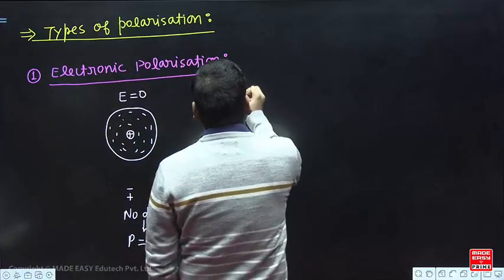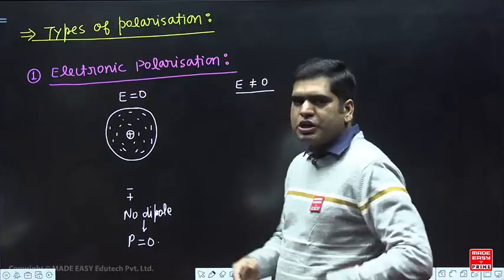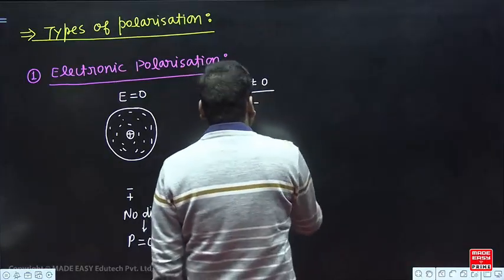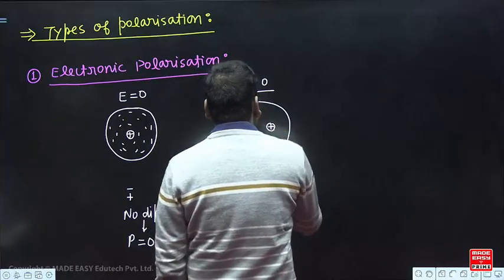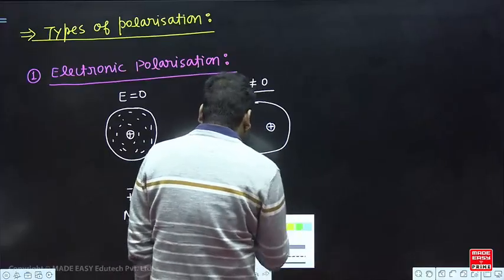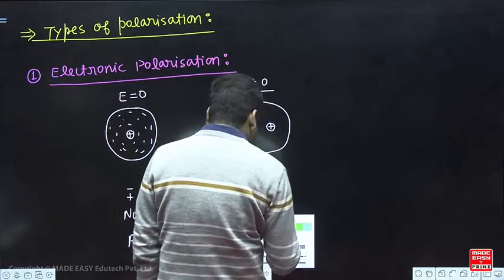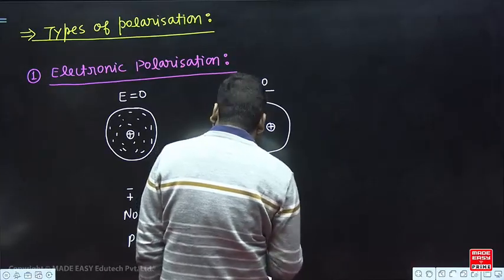But suppose we apply an electric field. Because of the electric field, positive and negative charges will be separated by a certain distance. Let us suppose the negative charge center comes to this point and the nucleus stays at this. So, there comes a distance between positive and negative charges, and this separation constitutes an electric dipole.